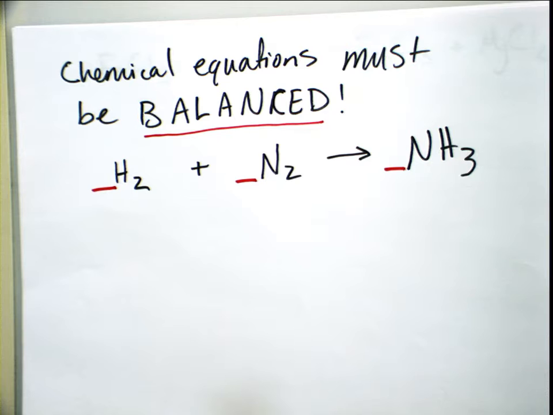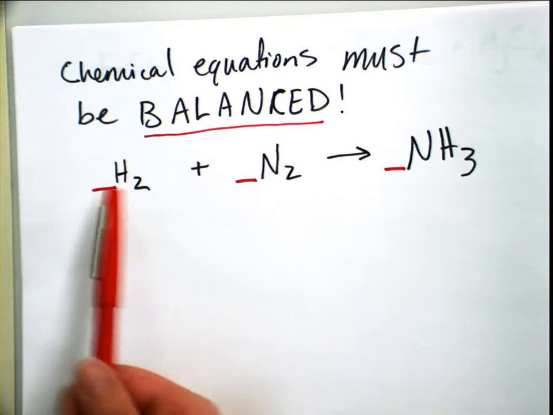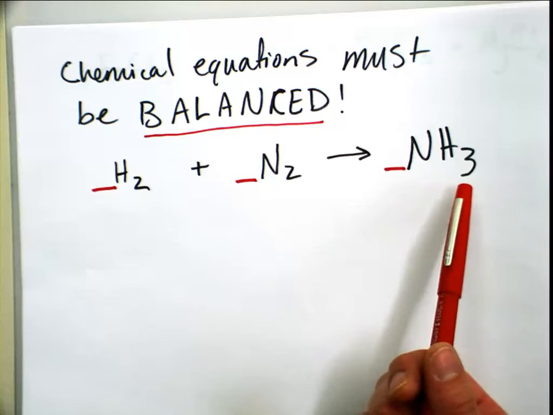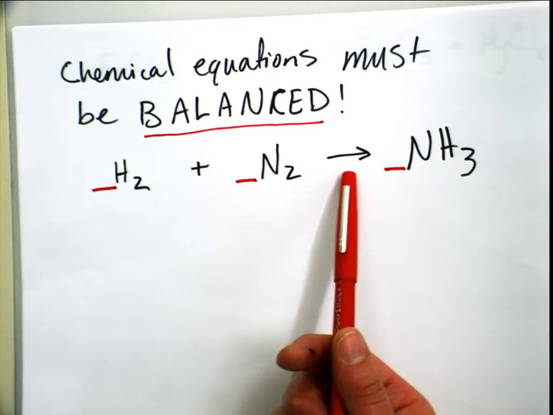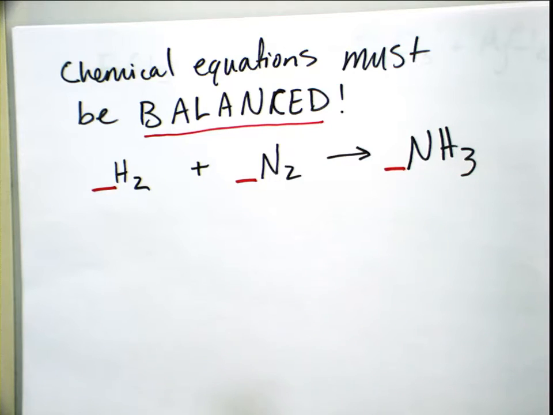Now, here we have the correct chemical formula for each reactant and product. The reactants are on the left side of the reaction, the products are on the right side, and they're separated by this yields arrow, which points toward the products.